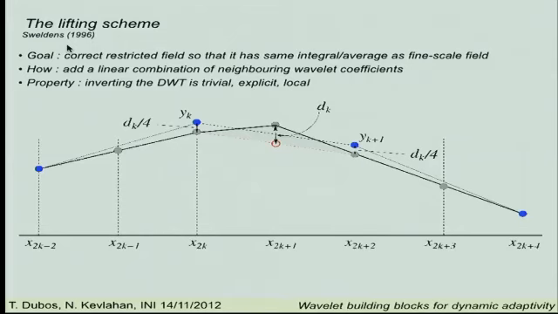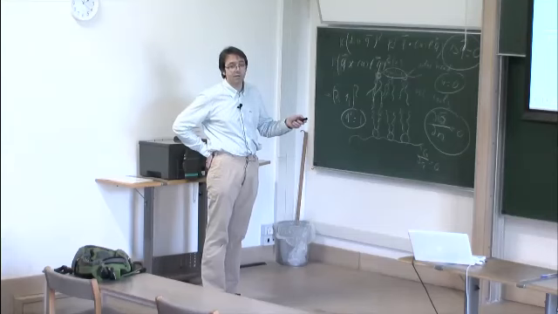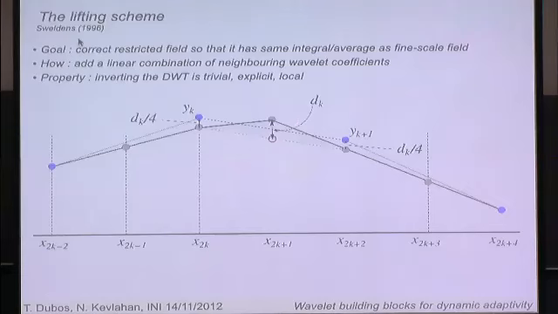And it turns out that this area is exactly 1/2 my wavelet coefficient. Okay, because the wavelet coefficient is the difference between this red point and this gray point here. So one way to recover my real correct average on the coarse grid is to take 1/4 of this wavelet coefficient and add it here, and that will lift a bit this point, and the other 1/4 here, and that will lift a bit that point.